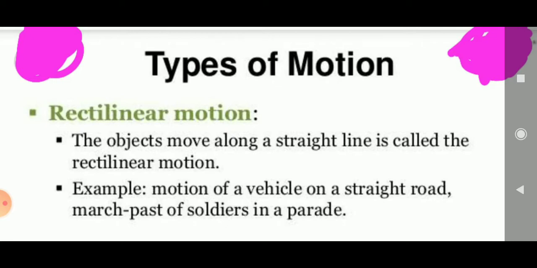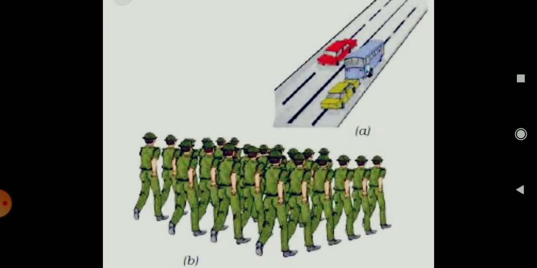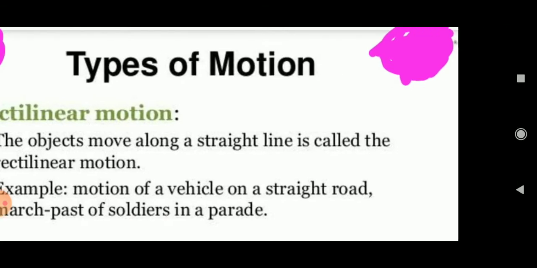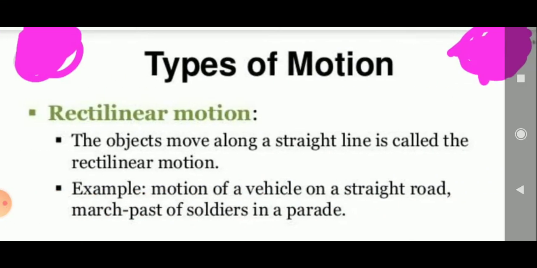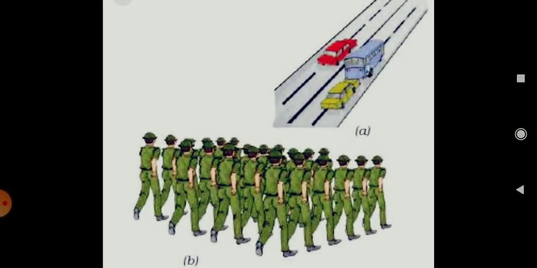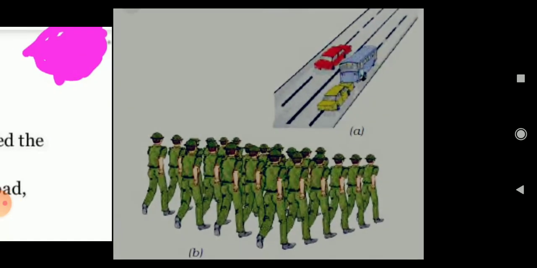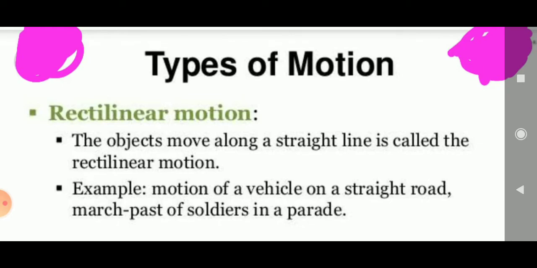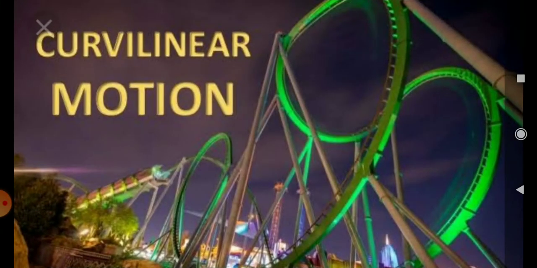Here you can also see that an object moving along a straight line is called rectilinear motion. For example, the motion of a vehicle on a straight road, march past of soldiers in a parade. Here you can see the motion of vehicles on a straight road, and in the parade the soldiers are marching past.